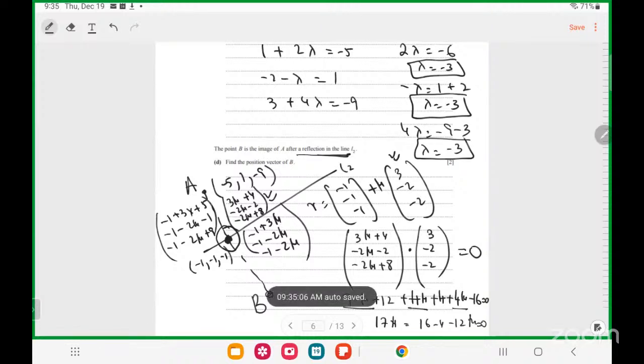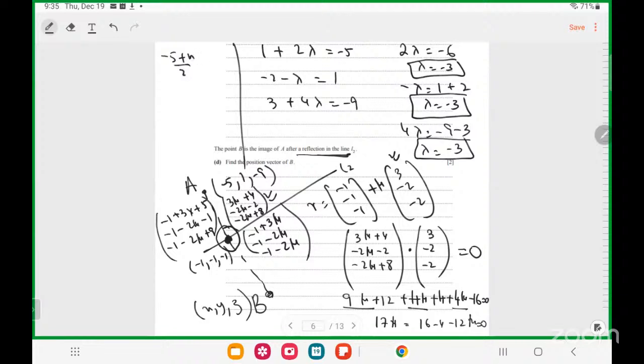Agreed? So this will act as a midpoint, (x, y, z). So (-5 + x)/2 is -1. (1 + y)/2 is -1.